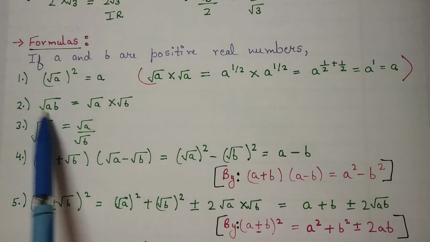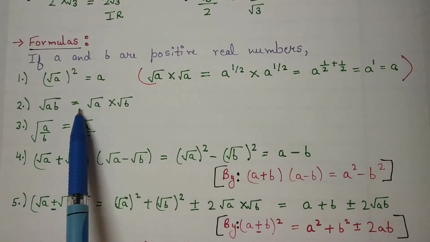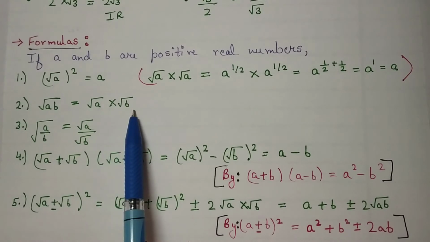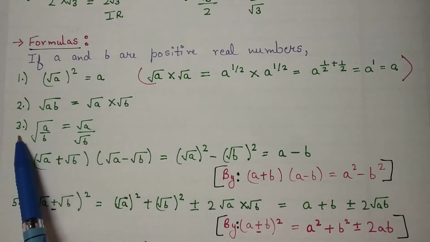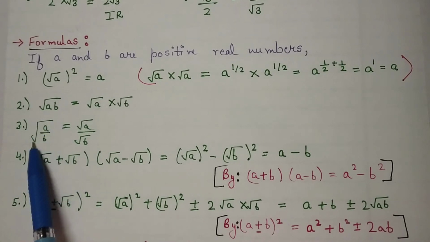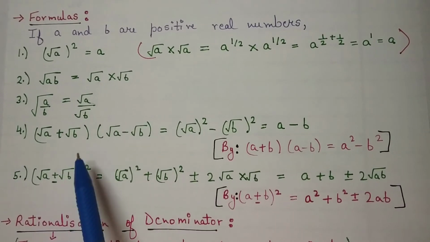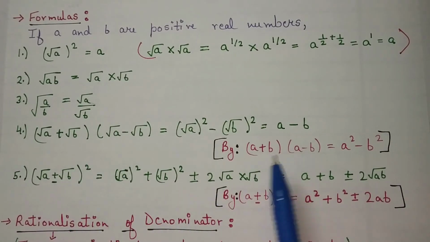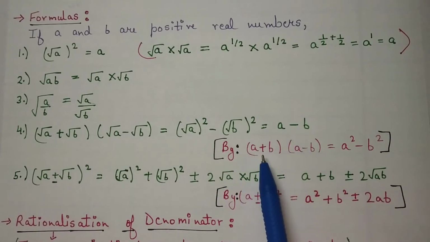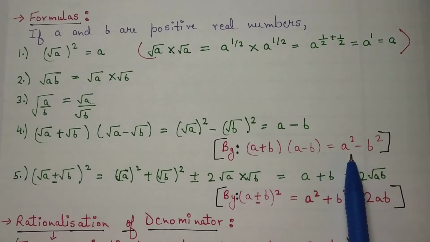Now the second part: if there is ab under the root, then we can split it like this. Third part: if we are dividing a by b under the root, it can be written like this. Now fourth, this is simple, like we were doing in earlier classes: a plus b and a minus b is equal to a square minus b square.